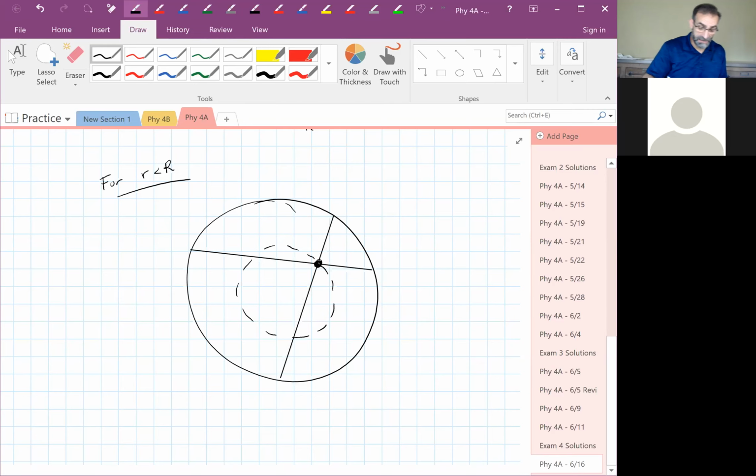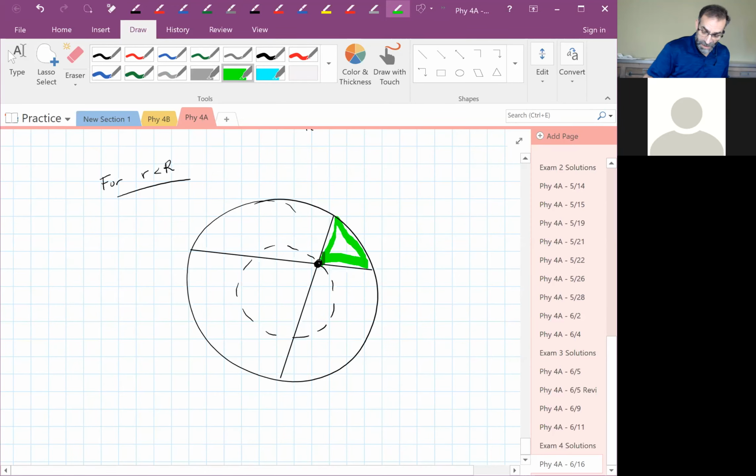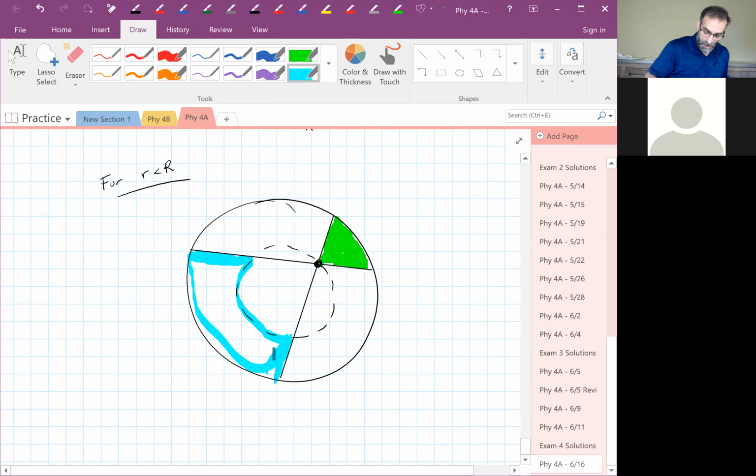Newton, like I said, had to invent calculus to show this. But the stuff on this side, let's say we have this mass over here, there's not very much, is there? But it's really close to us. So it exerts a big force. The mass on the other side, there's a lot of it, but it's really far away. So it ends up exerting the exact same amount of force as the green shaded area on the other side.